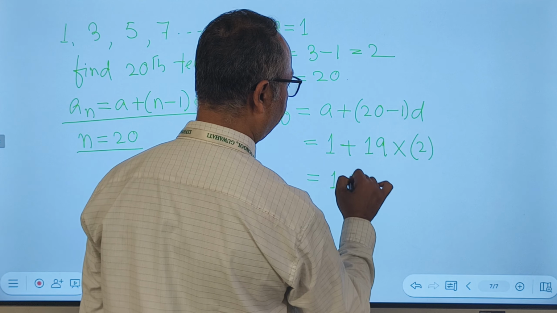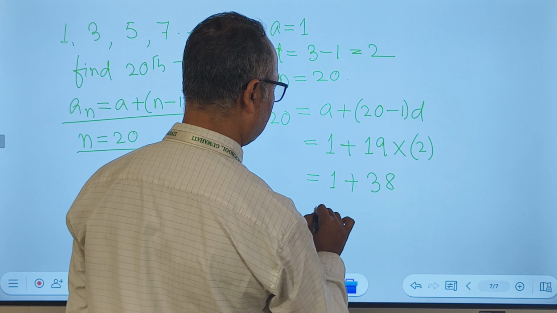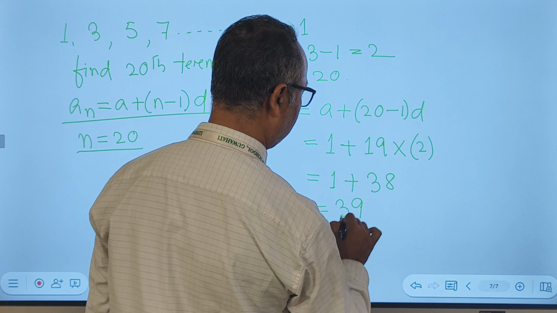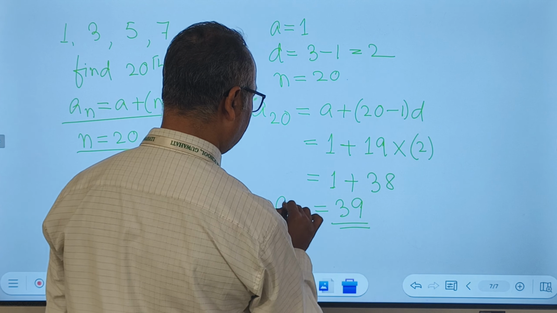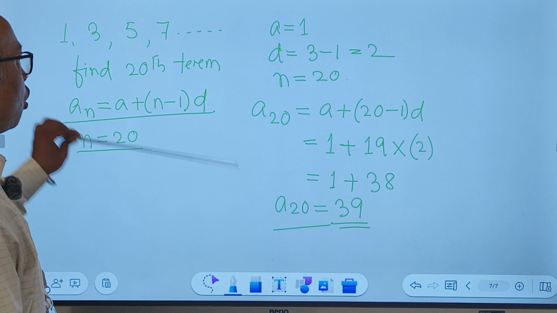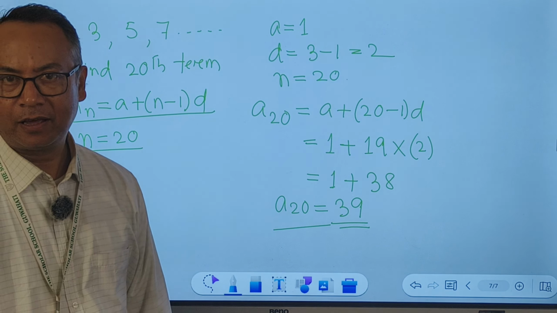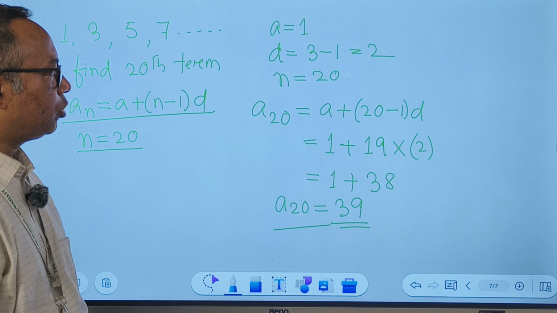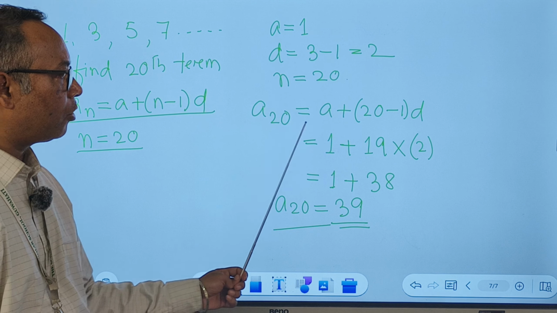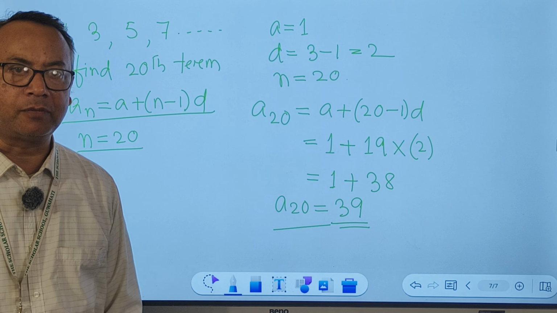So 1 plus 38 is 39. So the 20th term of this particular AP is 39. So this is how we can use this particular formula to find the nth term.